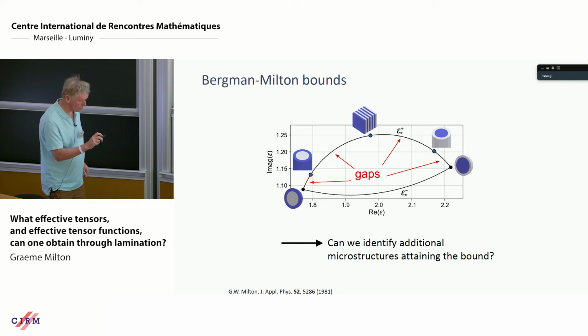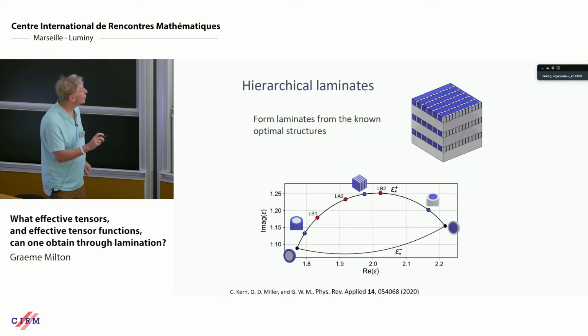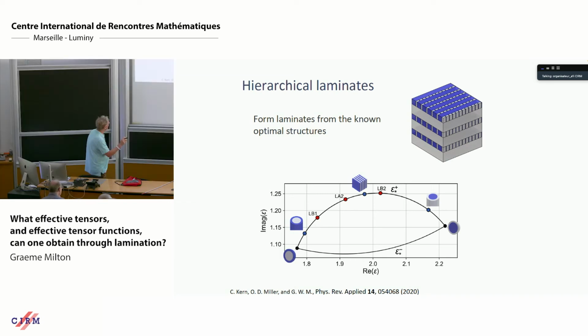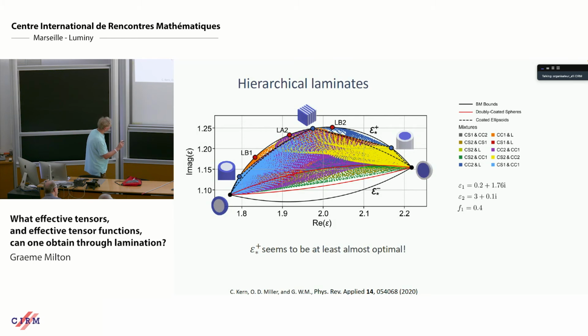So this was joint work with Christian Kern and Owen Miller, and Owen's here. Christian found that there were actually additional points on this curve here. Basically there were two types of structures that he found.